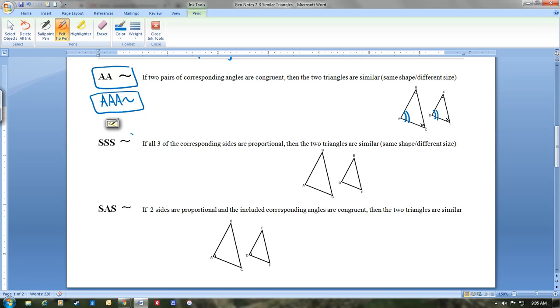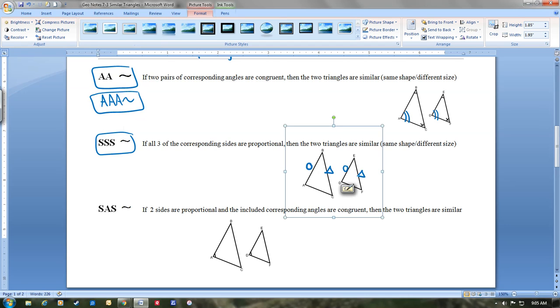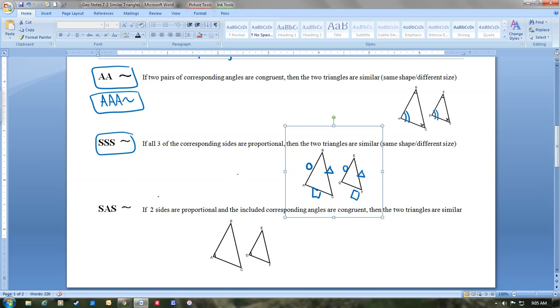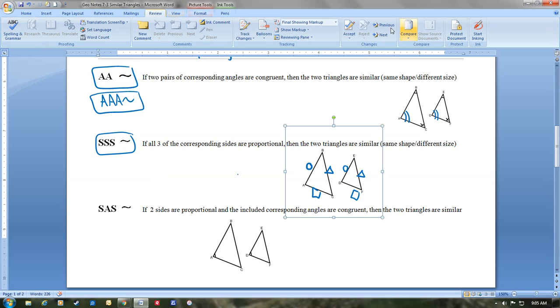Side, side, side similarity is when corresponding sides are proportional. So like, let's say these 2 sides form a ratio that equals the ratio between those 2 sides, which equals the ratio between those 2 sides. Okay, and then we have side, angle, side.